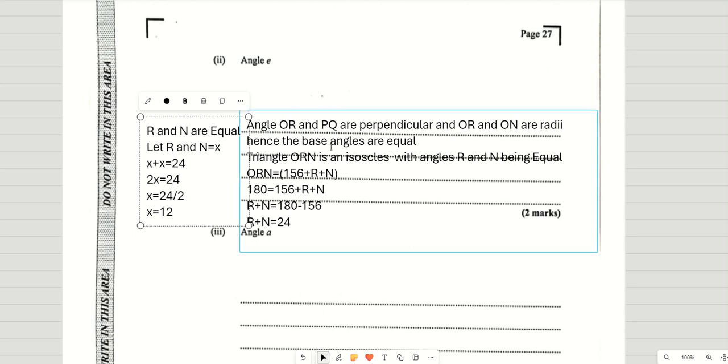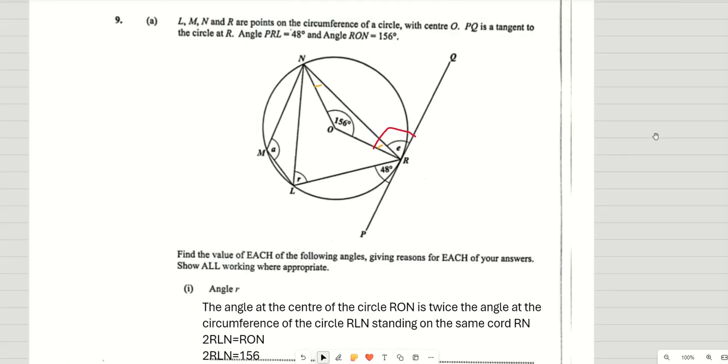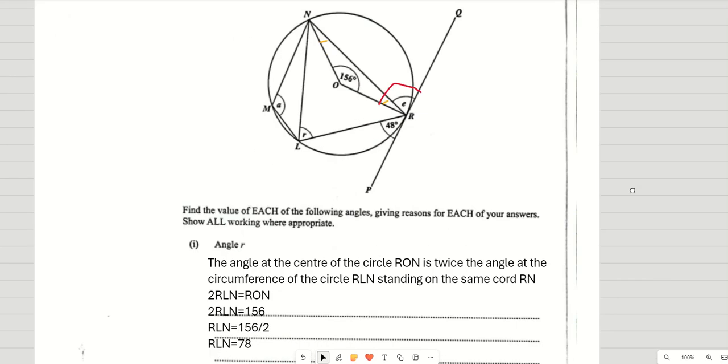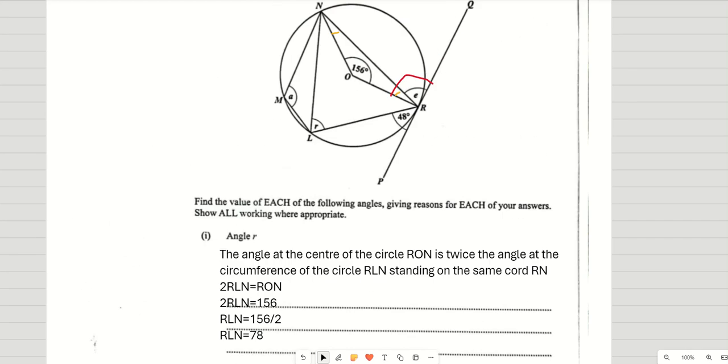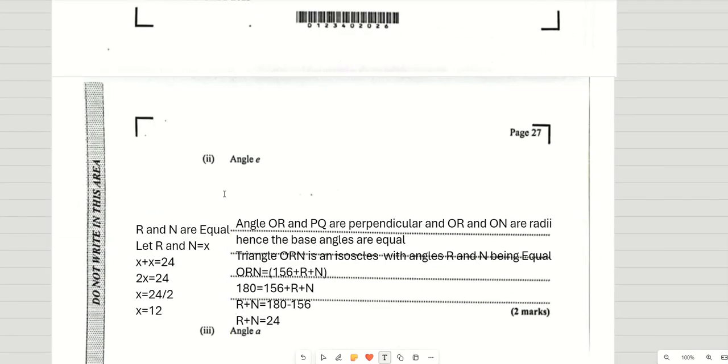Alright, now we know that OR and PQ are perpendicular. So if we look at this, we know that our yellow angle is 12, and then there's angle E, and this entire thing is 180. Right, so we know ORQ is equal to 90 degrees.